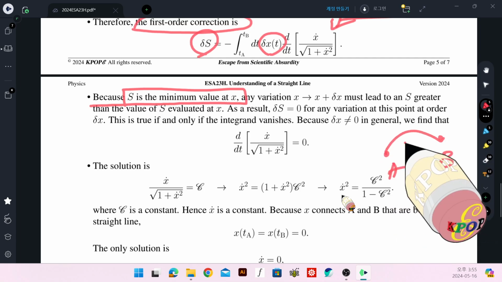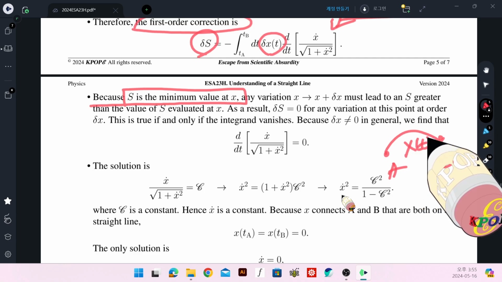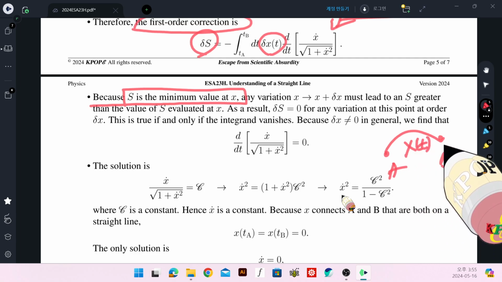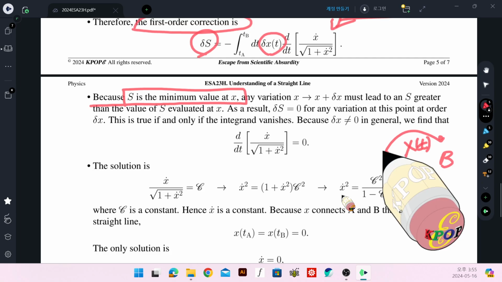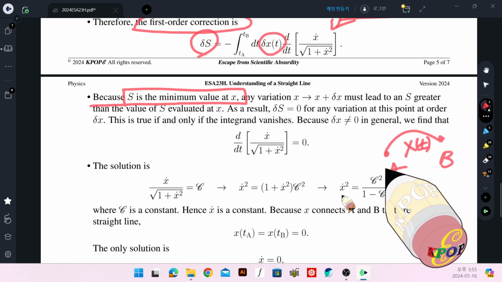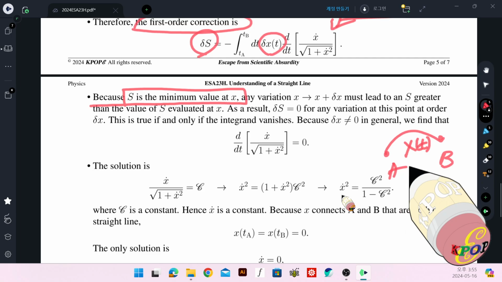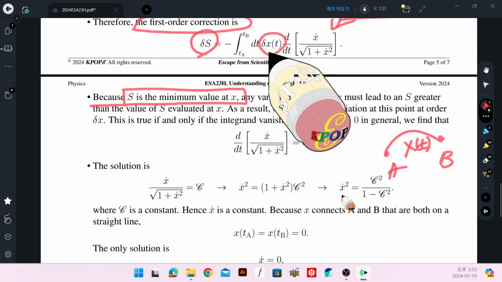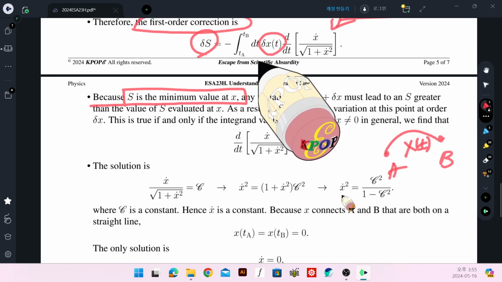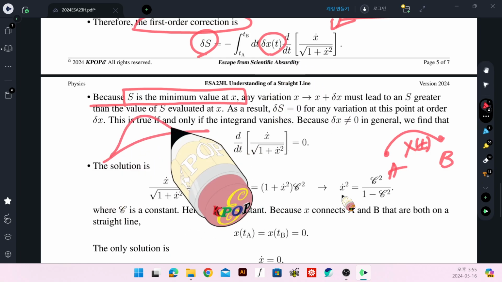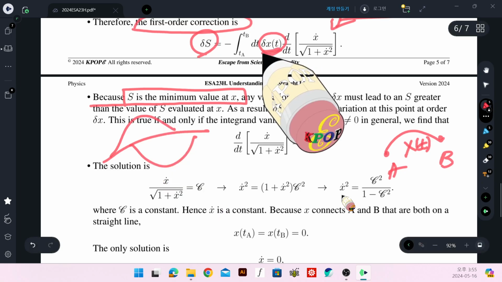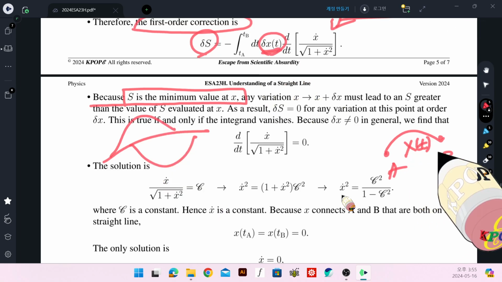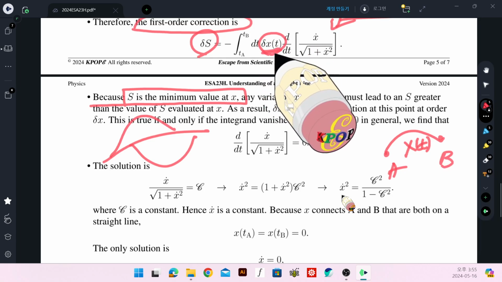So we assume the original path represented by this x of t function represents the minimum value for the path connecting A and B. Therefore, if it is a minimum, whatever variation from x of t, this variation must vanish.